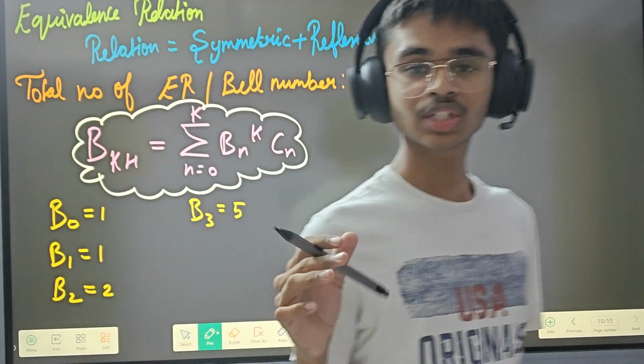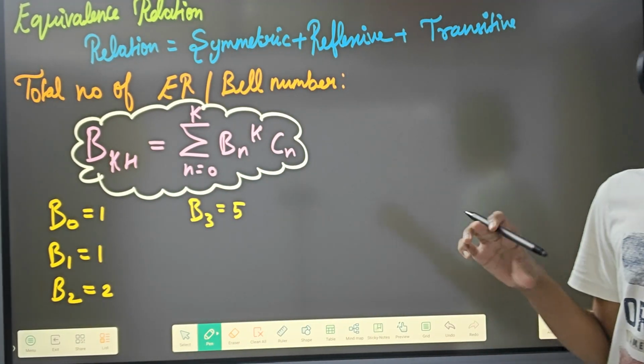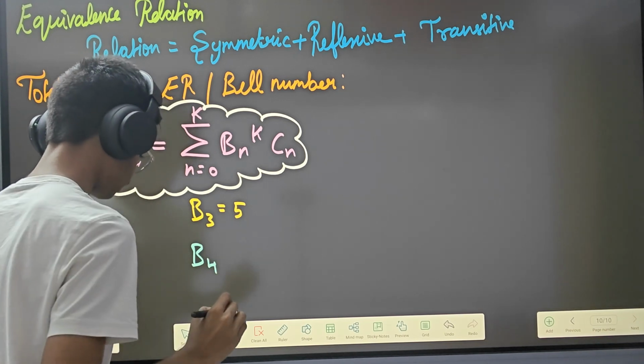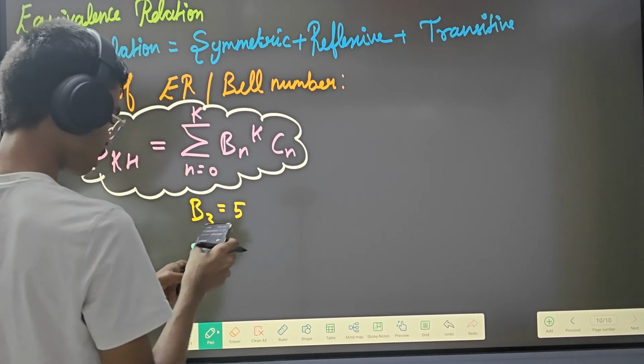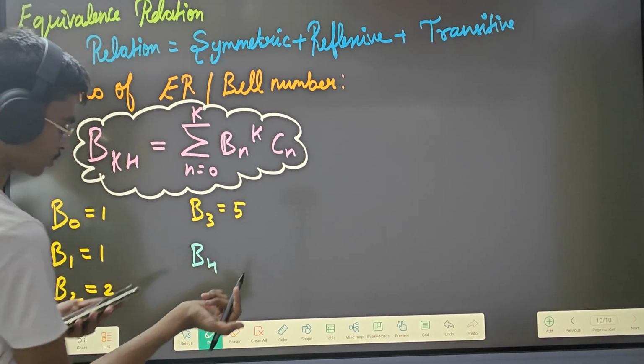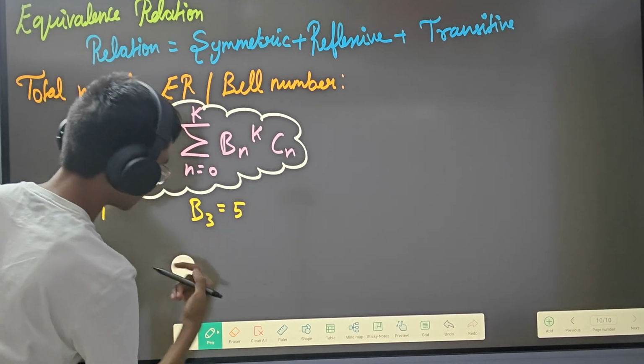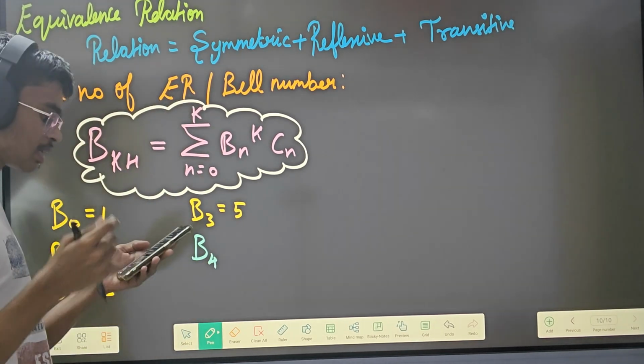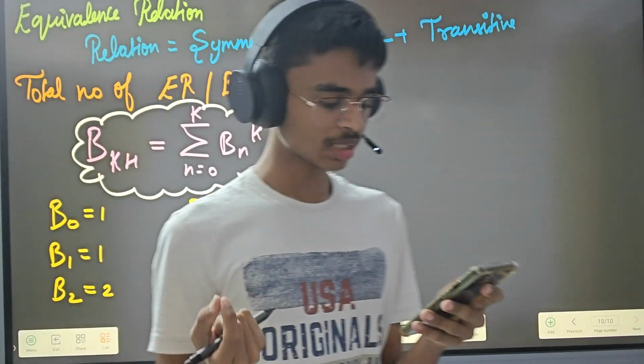Now let us do one sum, like B4. This B is also known as the Bell number. In B4, the 4 represents that the set has 4 elements in it.